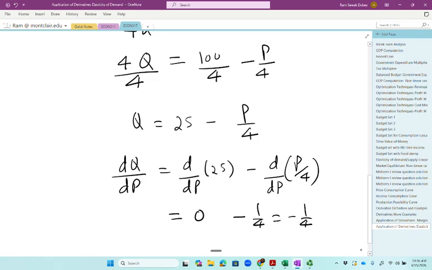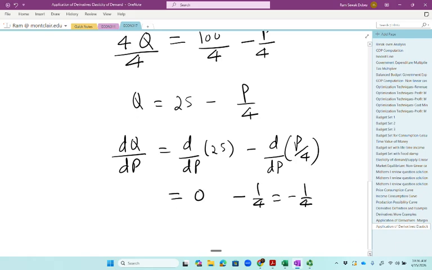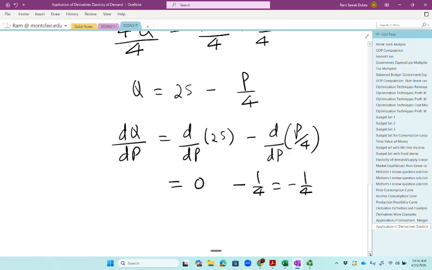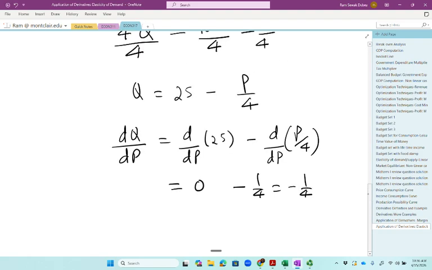So the derivative is minus 1/4. Now in this example we will pick several pairs of price and quantity to compute the elasticity. This will also show us that the elasticity for this inverse demand as well as the first example depends on the price and quantity which we choose. So let's start with first example of price being equal to 20.